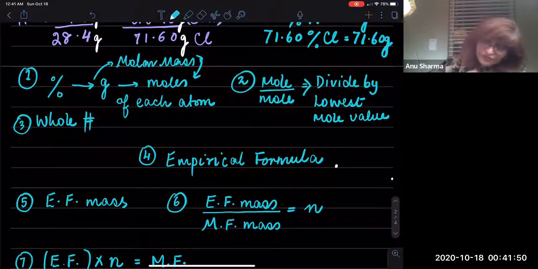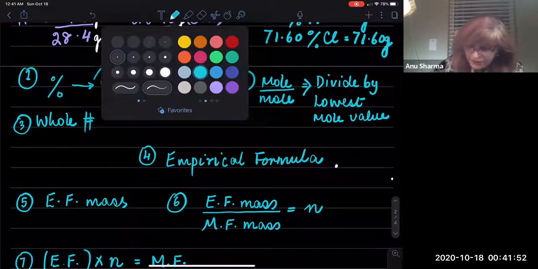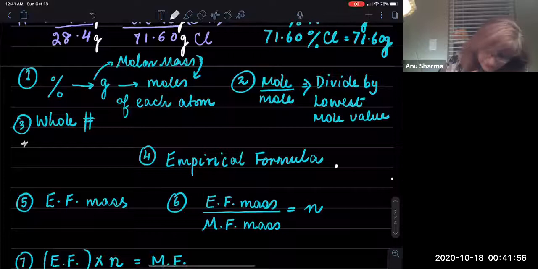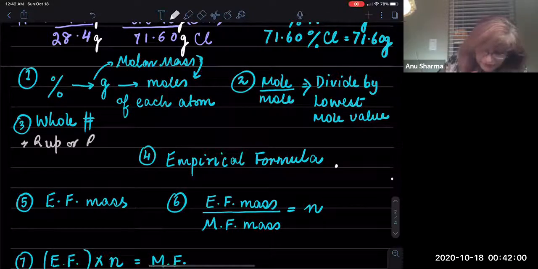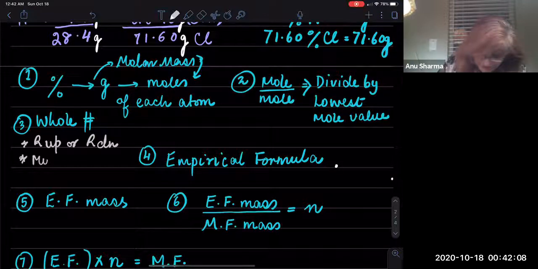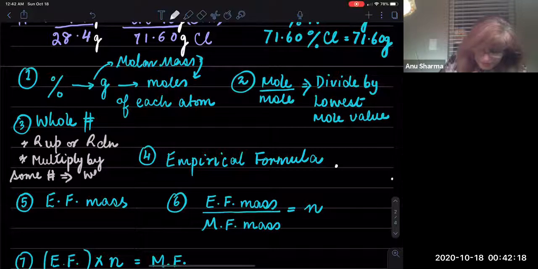Now, sometimes you have to get the whole number. How do you get the whole number? Either you simply round up, or it's okay to round down here. If that doesn't work, you sometimes have to multiply by some number in order to get the whole number.